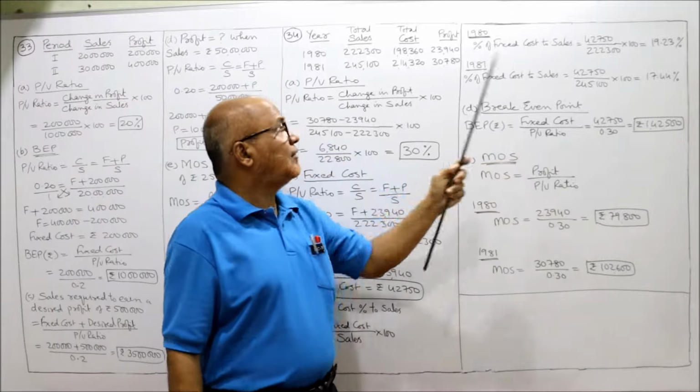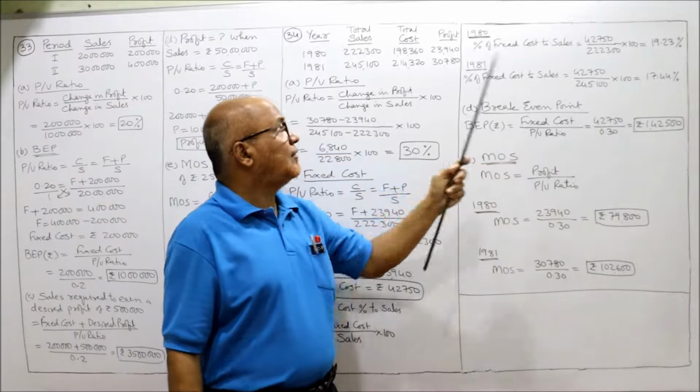Calculate PV ratio, first point. Second point, fixed expenses. Third point, number of units to be sold where there is neither profit nor loss. The term is called break-even point. It is not specifically asking you to calculate break-even point. What it is asking is the number of units to be sold where there is neither profit nor loss.